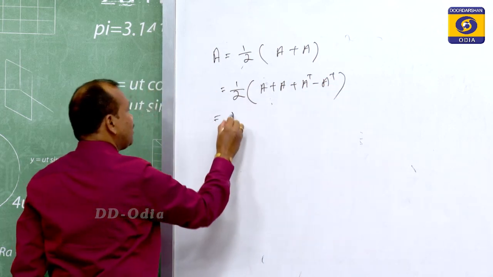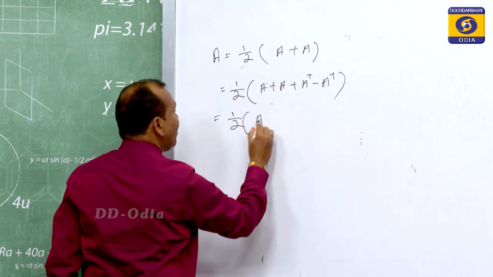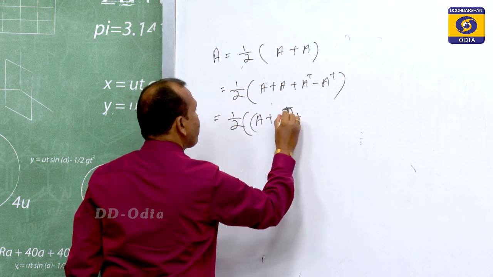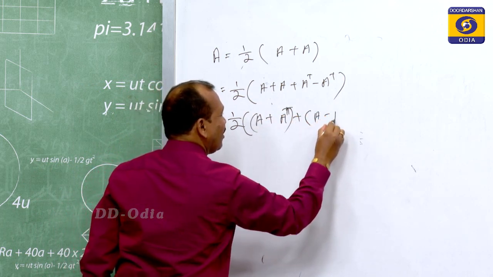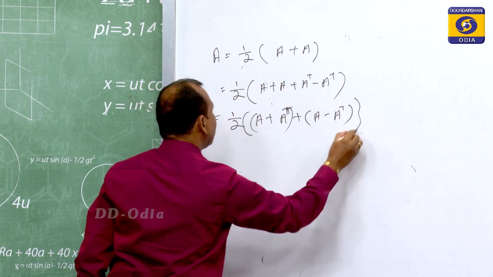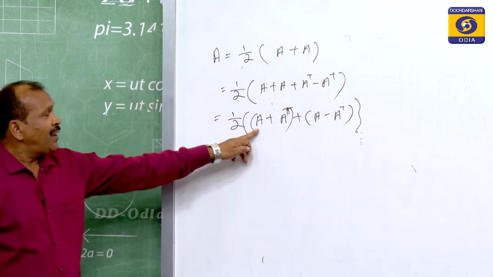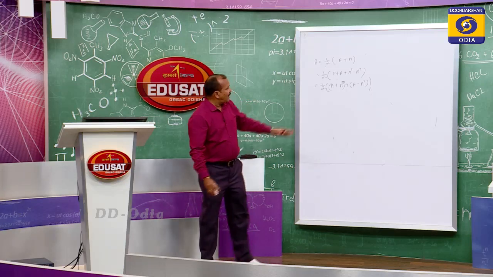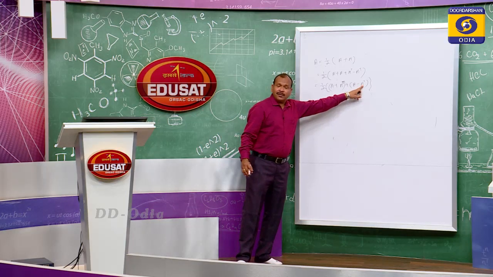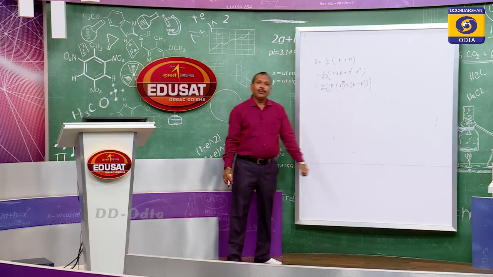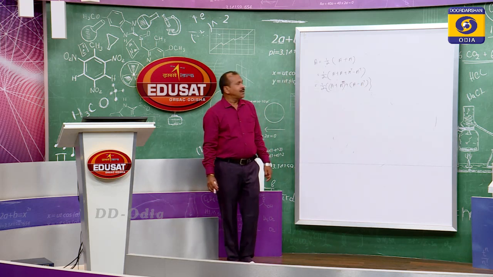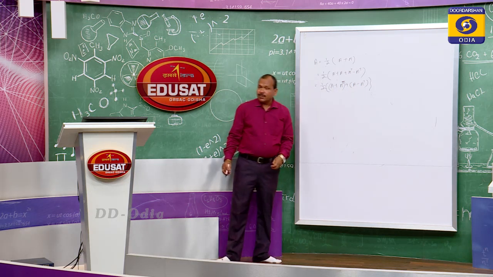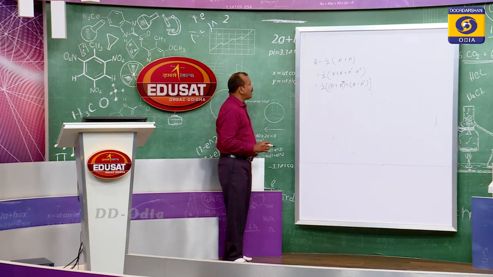Then we write that as half of (A plus A transpose) plus half of (A minus A transpose). Then we know that A plus A transpose is always a symmetric matrix and A minus A transpose is always a skew symmetric matrix. Then every matrix A can be expressed as a sum of a symmetric and a skew symmetric matrix.